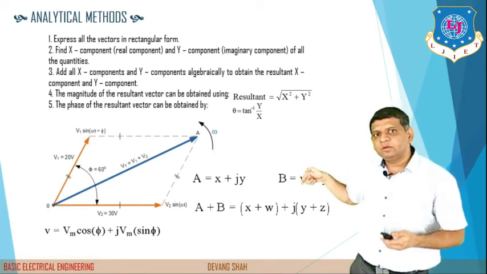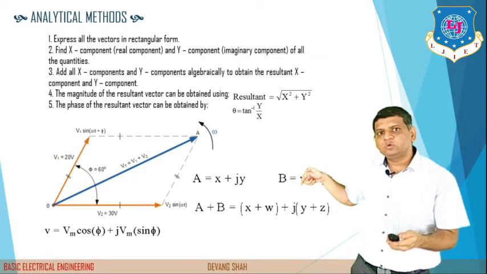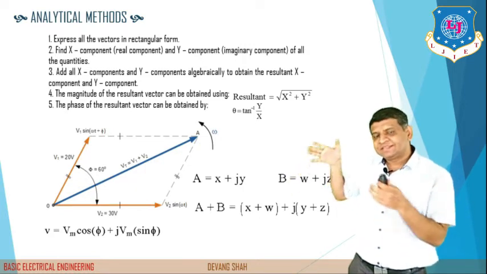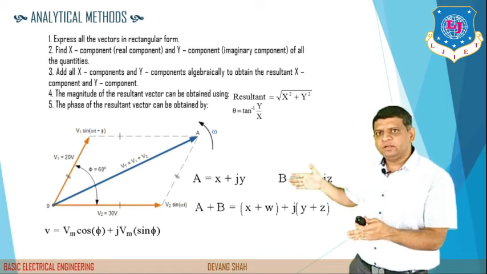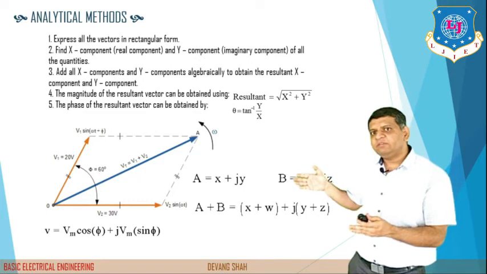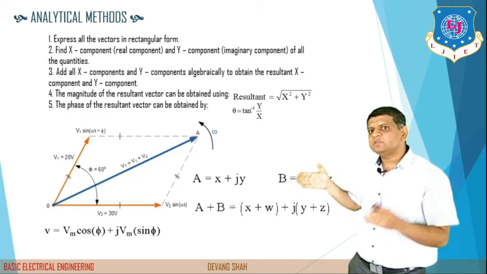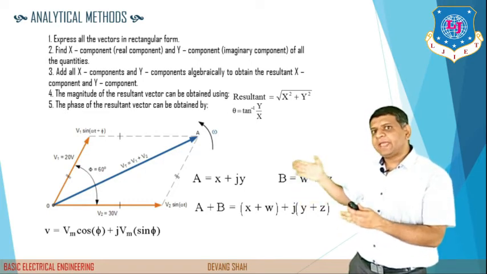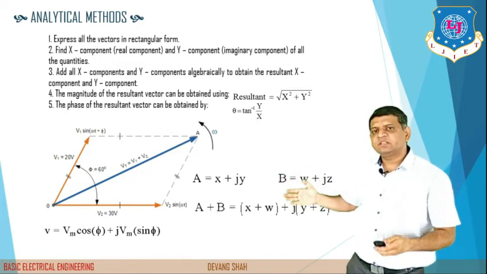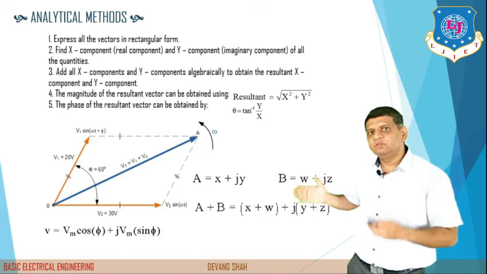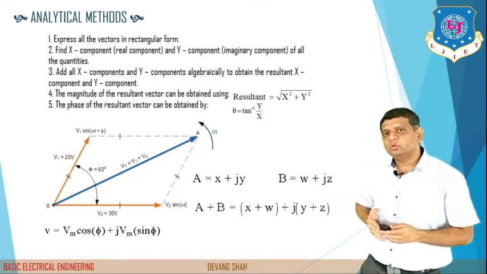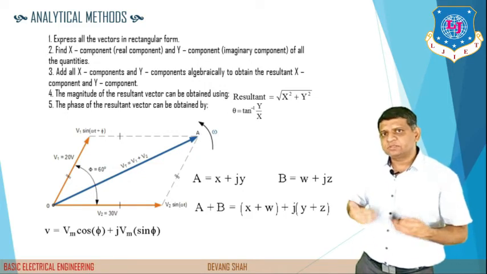So here my diagonal is nothing but total V is equal to V1 plus V2 having the angle of theta. So the resultant value of the vector in terms of magnitude is equal to under root x square plus y square, and the resultant angle with the reference vector theta is equal to tan inverse y by x, right? Based on this we can also discuss more examples later on.